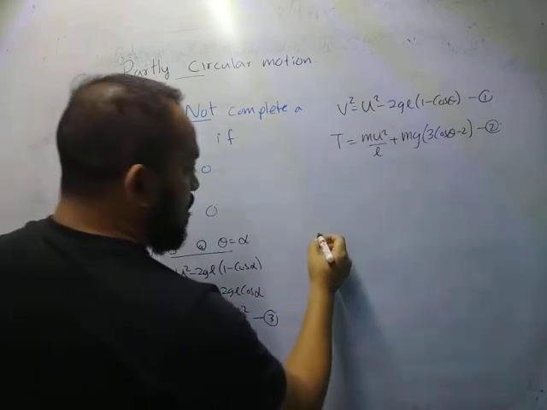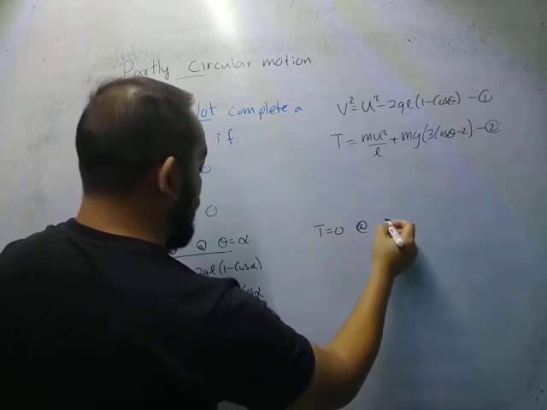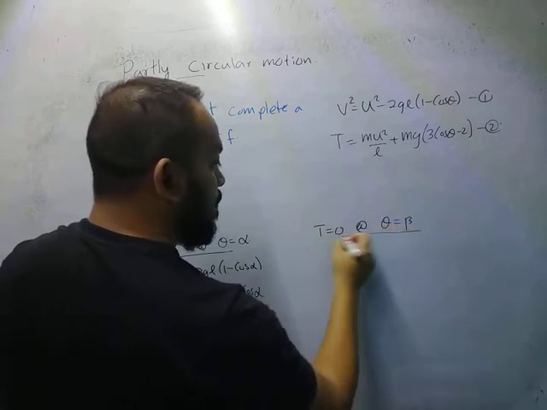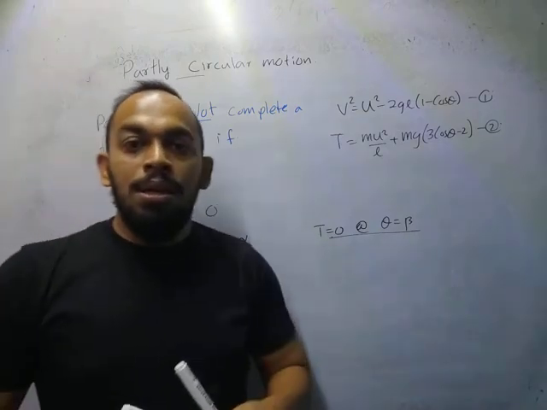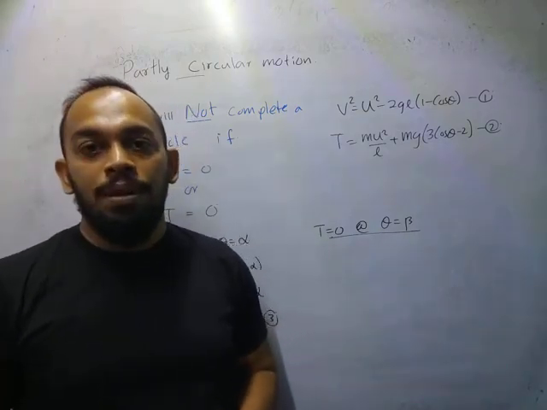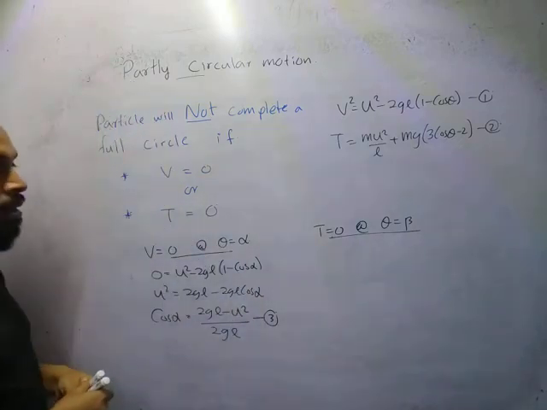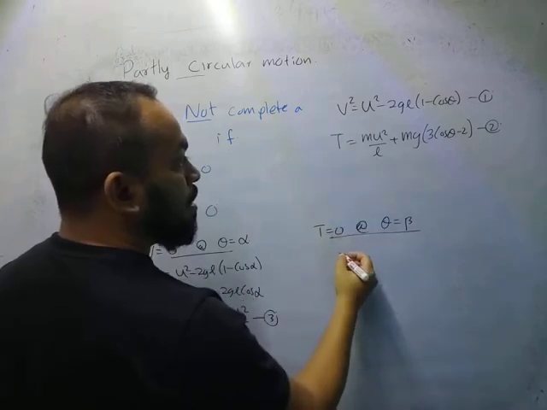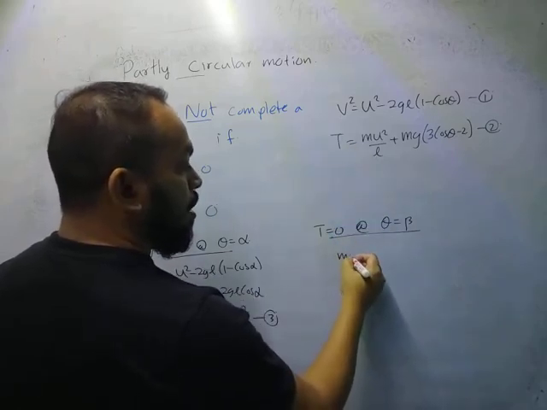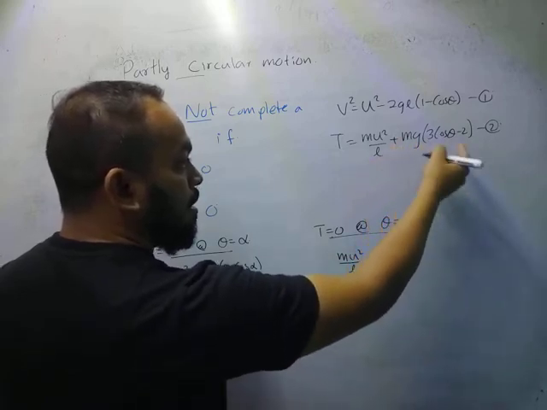Oh, this thing could also happen. Let's say t equals 0 at theta equals beta at some value, right? So these two may not be 0 at the same time. Let's see. Okay, tension becomes 0 means mu squared over L plus this equals 0.